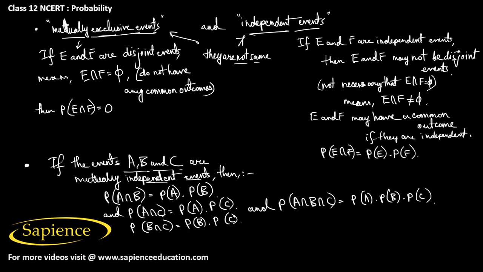We can explain it by using a suitable example. Suppose we have three coins, and these three coins are tossed simultaneously. Then we consider three events.